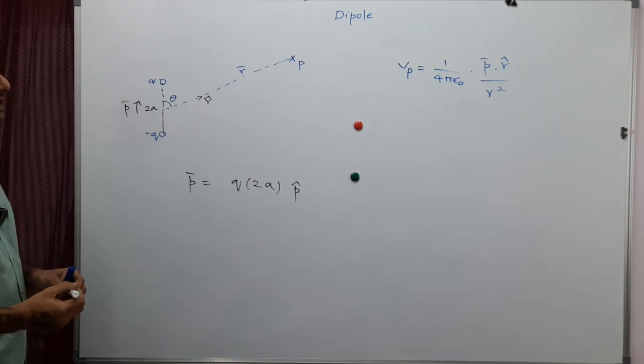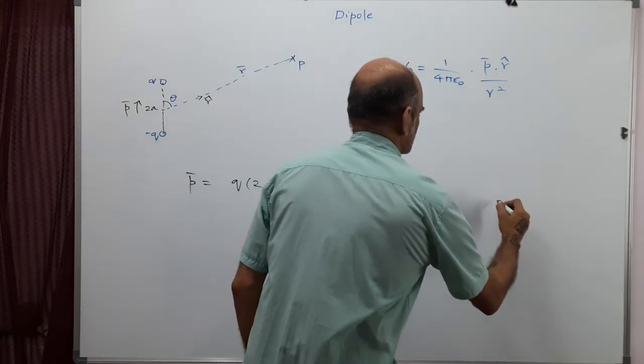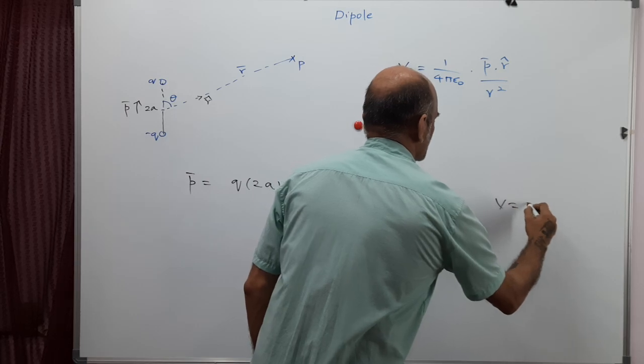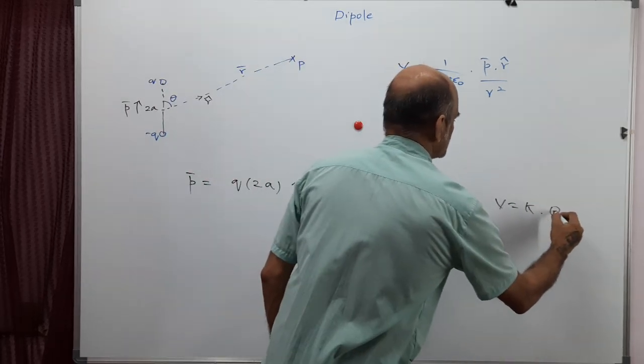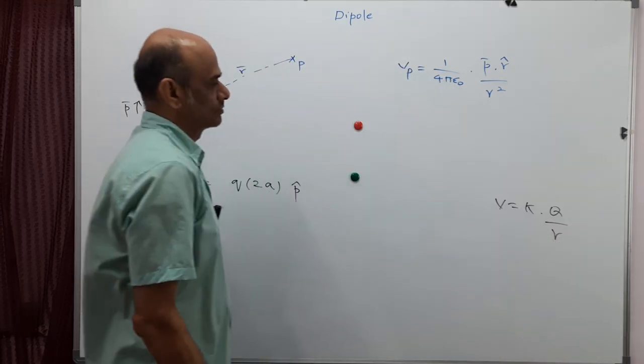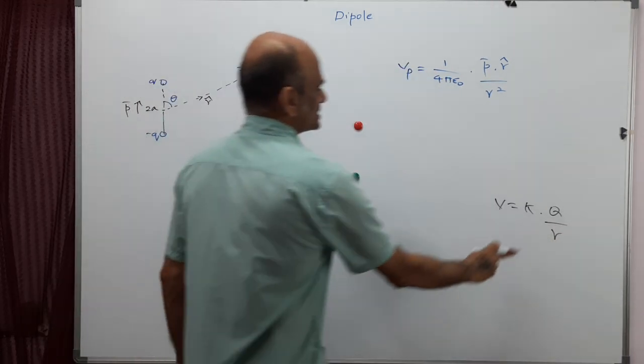One way to remember this formula is, for a point charge, potential is K, which is 1 by 4 pi epsilon naught, which is a constant, into the point charge by R. So dimensionally it is charge by distance.